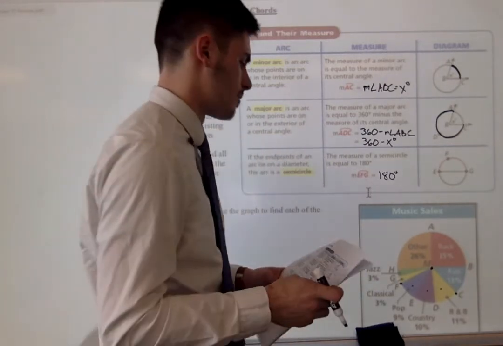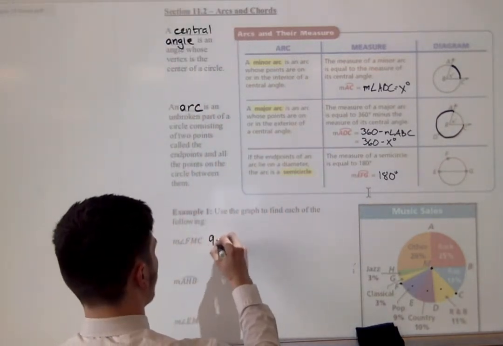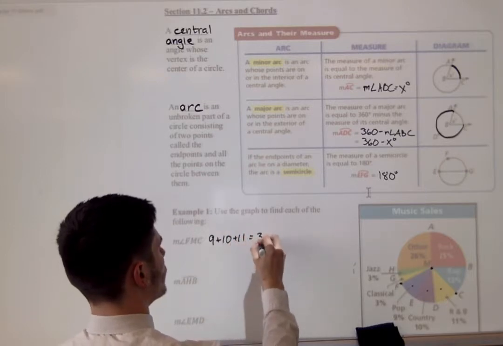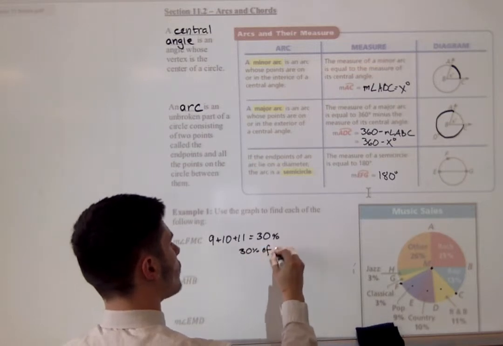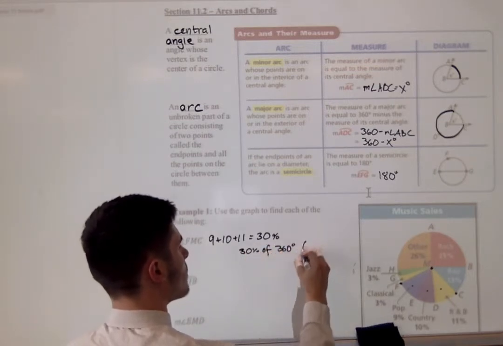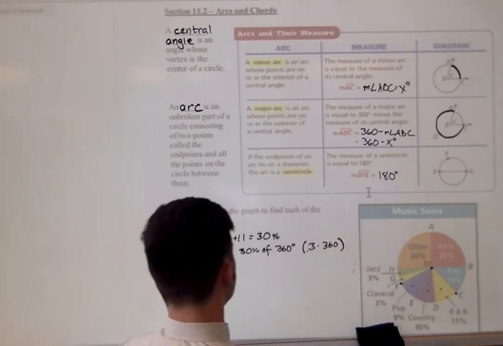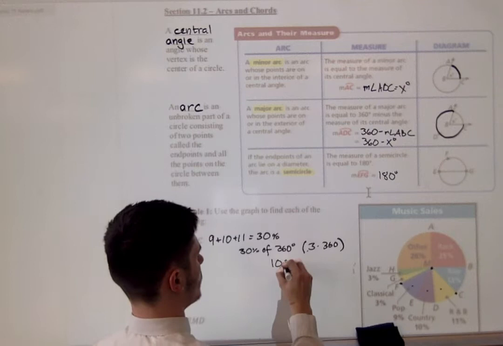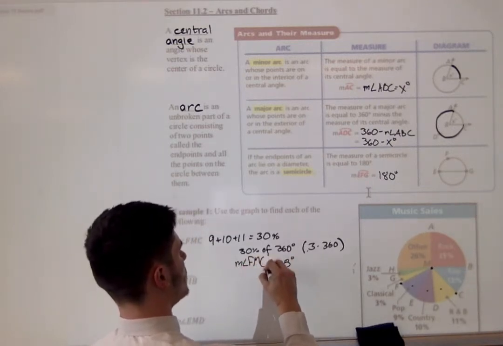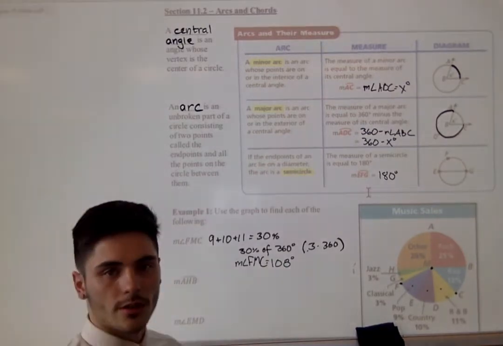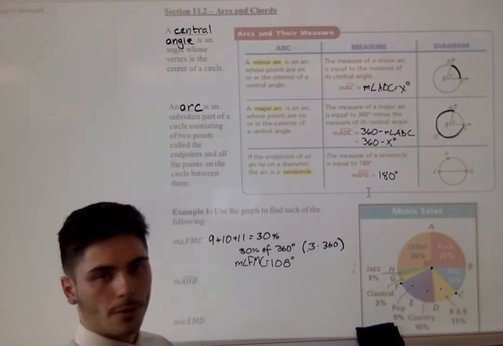So we're going to take this 9, 10, and 11%, and we're going to get 30%, and 30% of 360 degrees, so 0.3 times 360 is equal to 108. And so that means that the measure of angle FMC equals 108. So that's example 1.